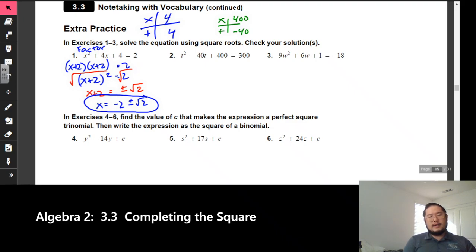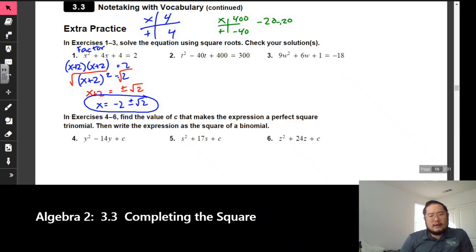So right here, hopefully you came up with negative 20 and negative 20. Negative 20 times negative 20 is positive 400, and negative 20 plus negative 20 is negative 40.